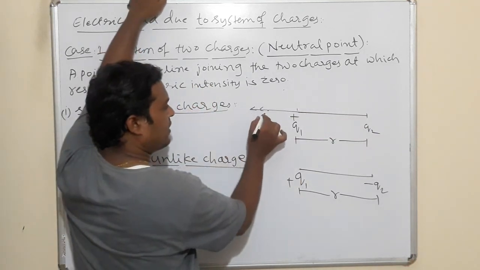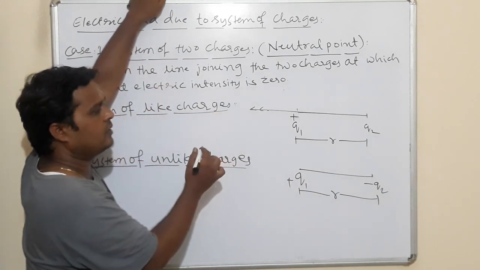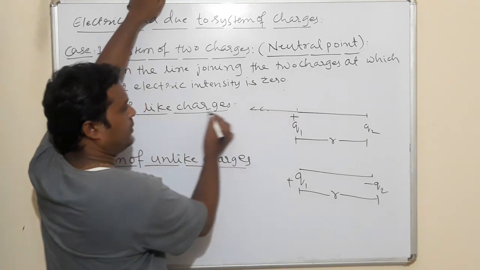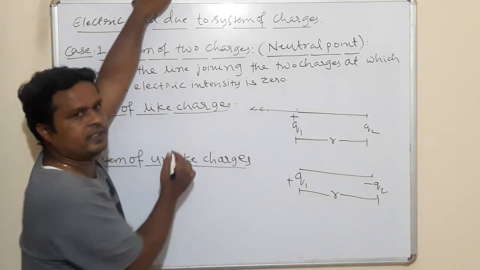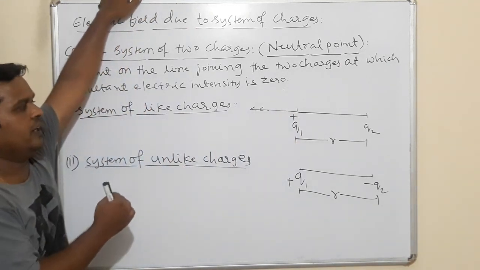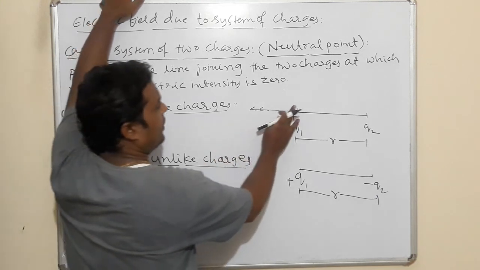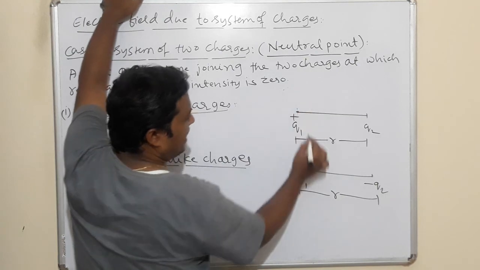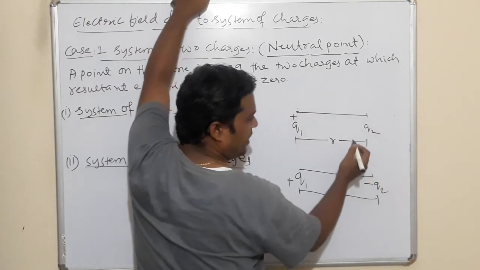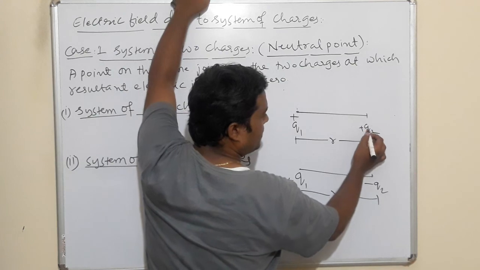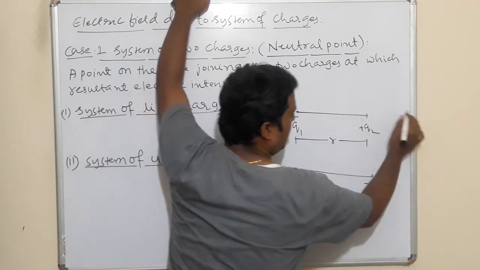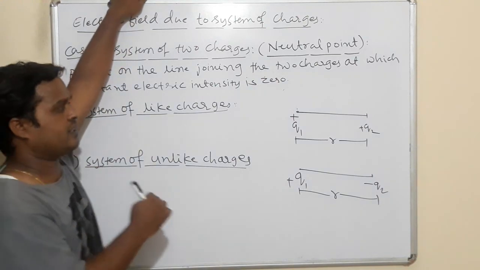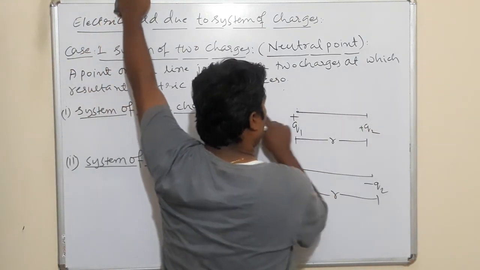That means both the electric fields are in this direction. Both the fields will get added. Anywhere you take the point here, both fields are in the same direction, so the net field will never become zero here. At this point also the same thing will happen. Positive charge away, positive charge away. That means two fields will come in the same direction if you select the point outside the charges.